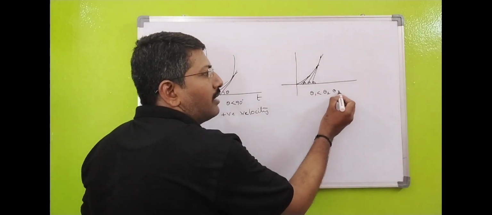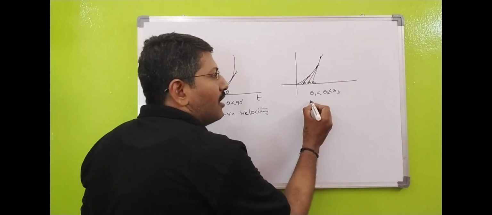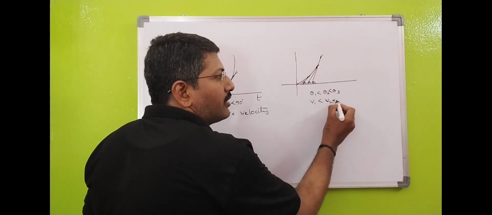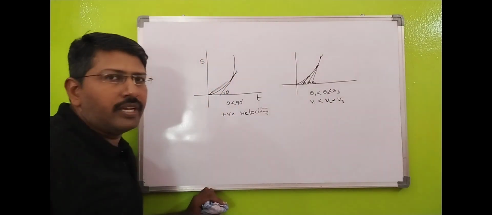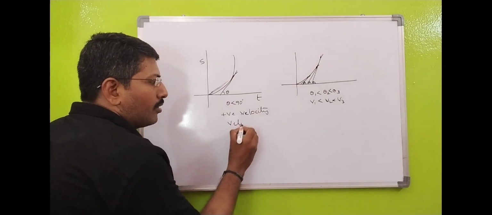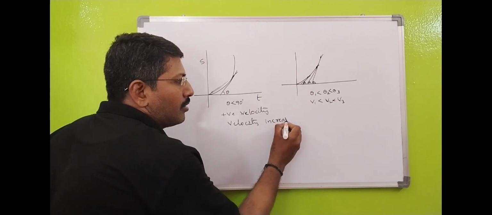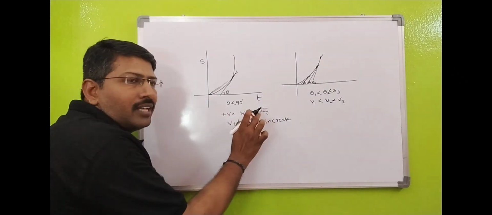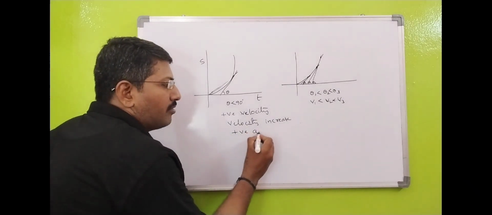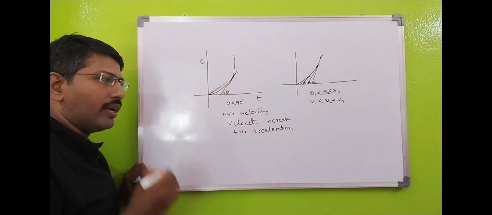This means when the angle of tangent increases, velocity also increases. So here positive velocity increases, that means positive acceleration. Okay, this is the basic information about the graphs.